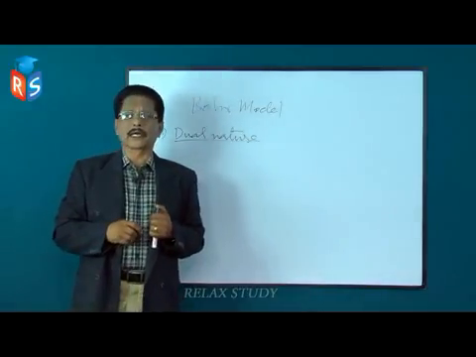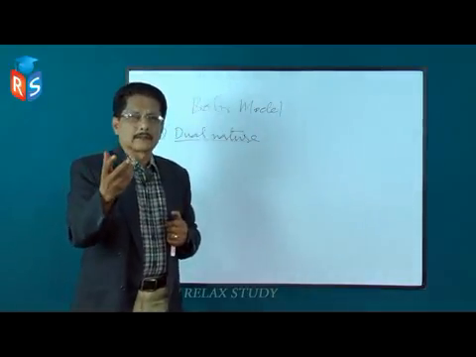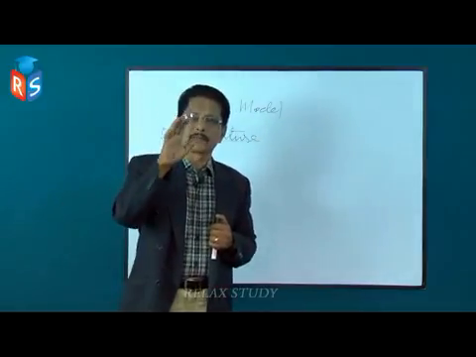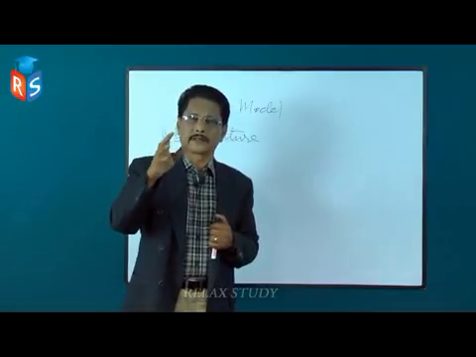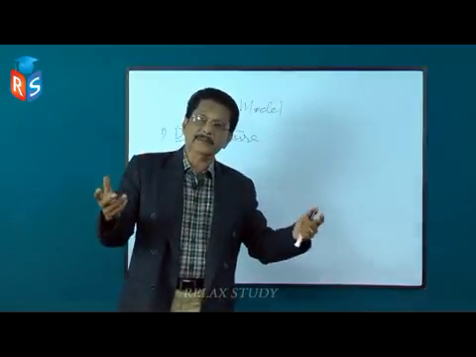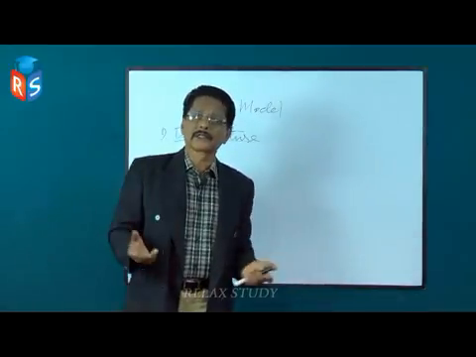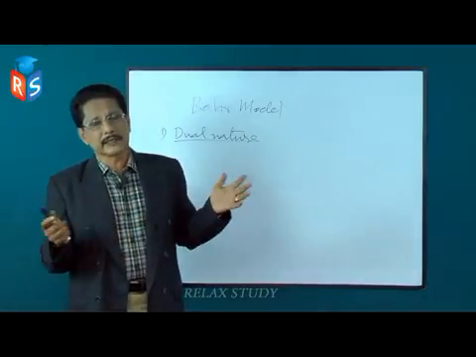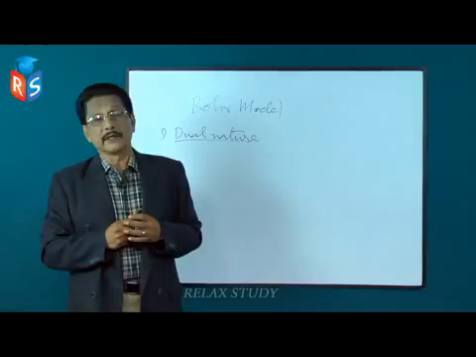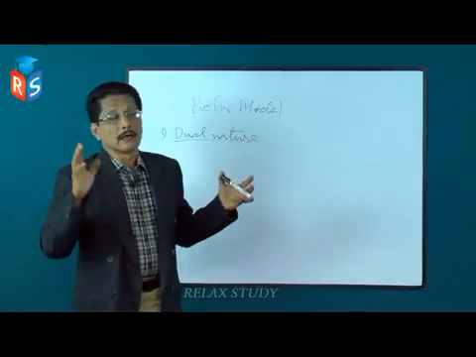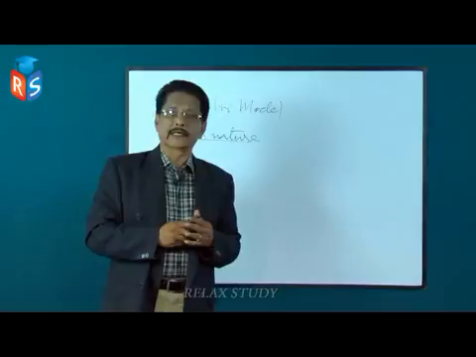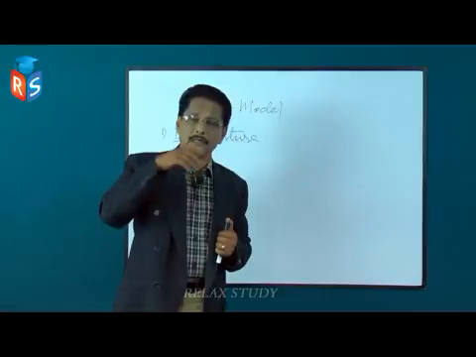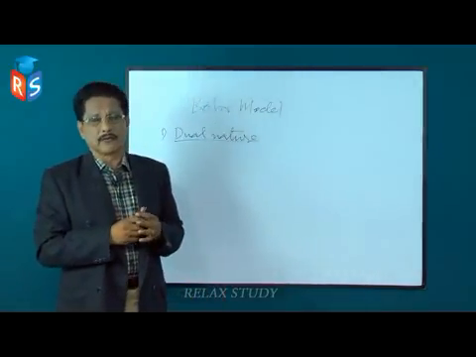Certain properties like diffraction, interference, etc. cannot be explained by the particle theory of light, but they can be explained only by the wave theory of light. On the other hand, certain other properties like blackbody radiation or the photoelectric effect, etc. can be explained only by the particle theory of light and not by the wave theory of light.